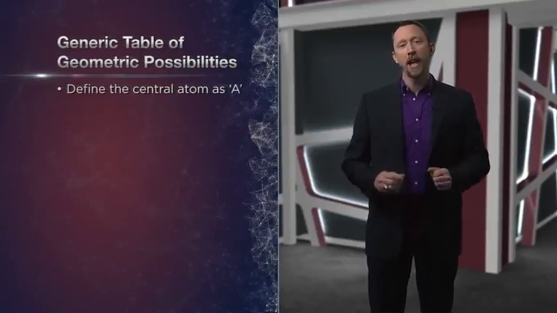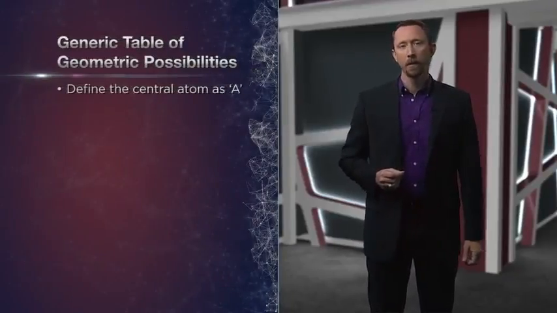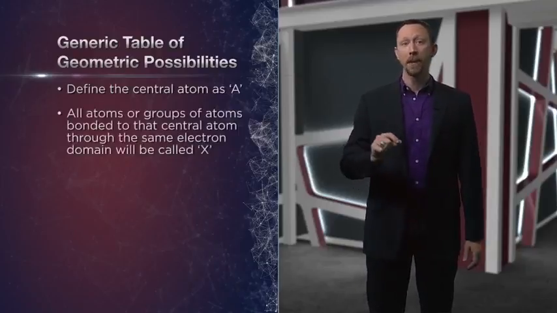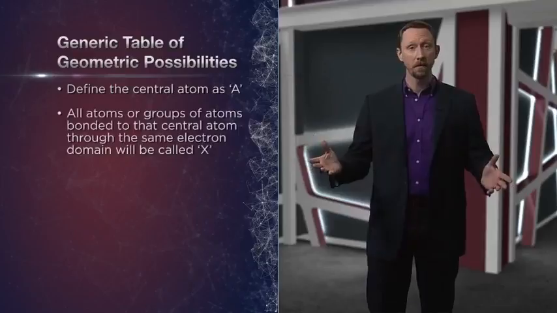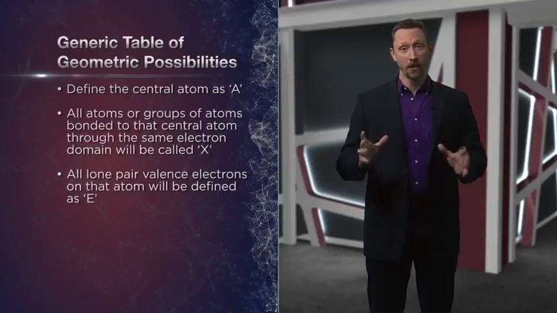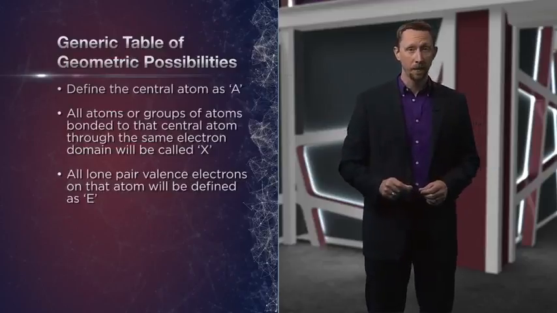We'll define the central atom as A. All atoms or groups of atoms bonded to that central atom through the same electron domain will be called X. And all lone pair valence electrons on that central atom will be defined as E.